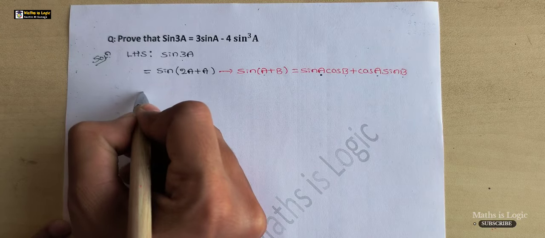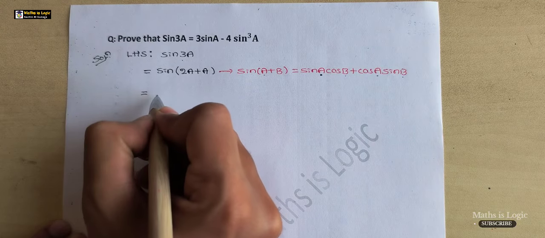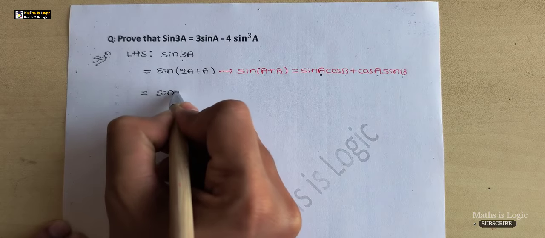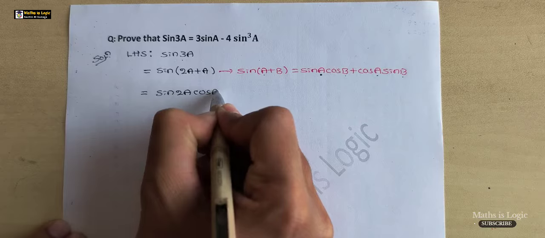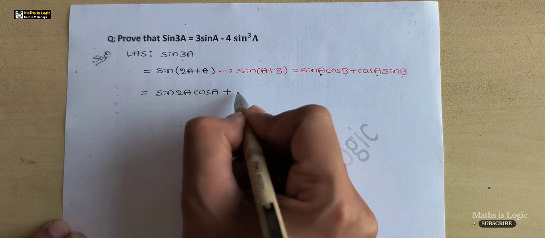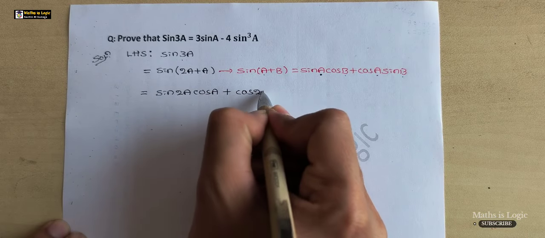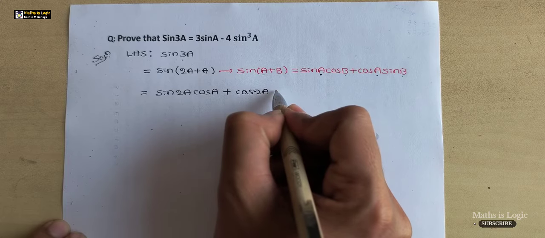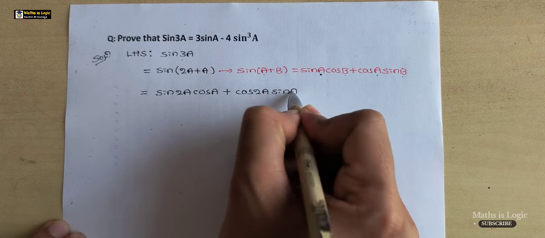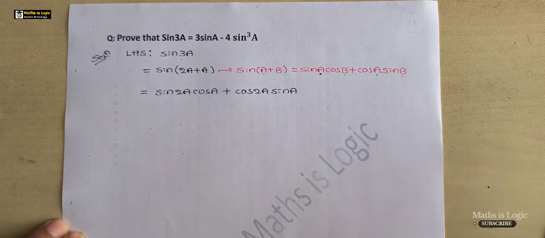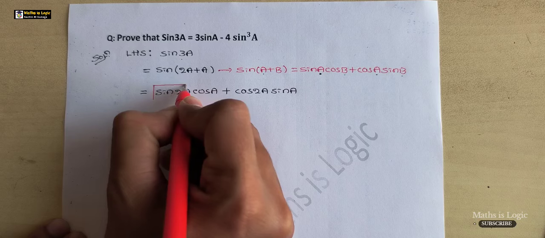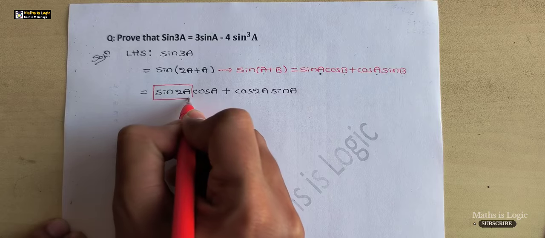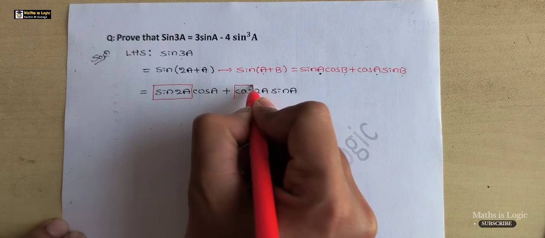replaced by 2A, and wherever B comes, replaced by A. So this becomes sine 2A into cos A plus cos 2A into sine A. Now here we need to apply two formulas, one for sine 2A and another for cos 2A.